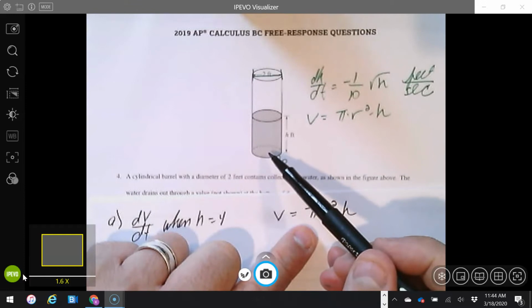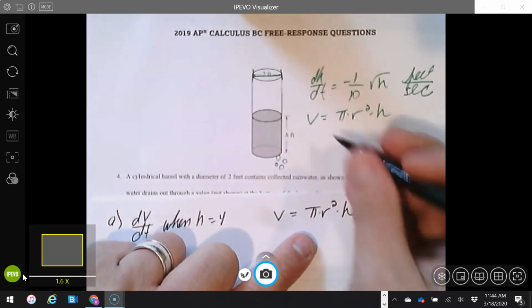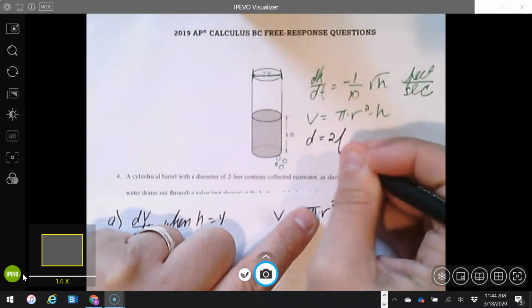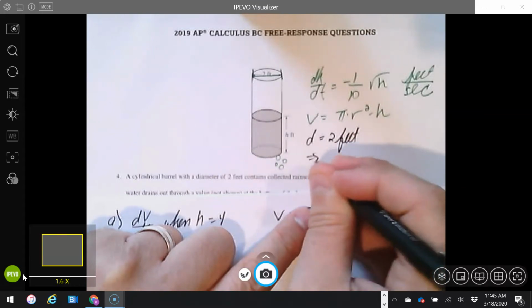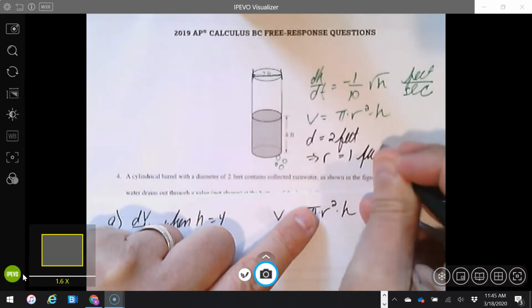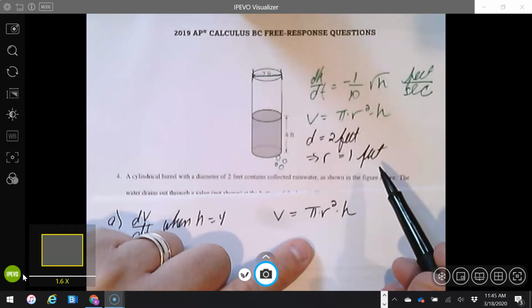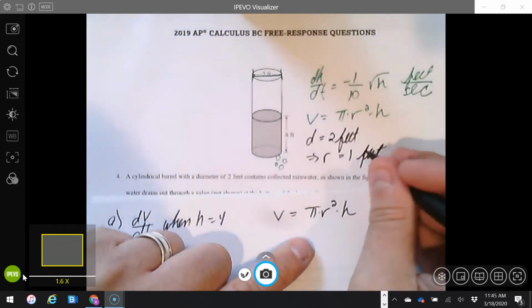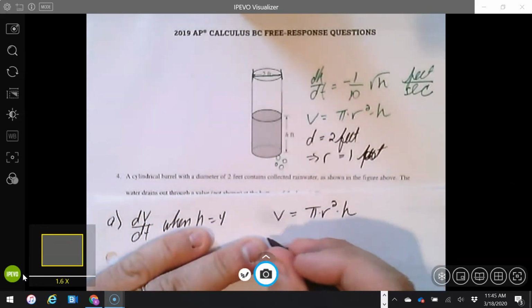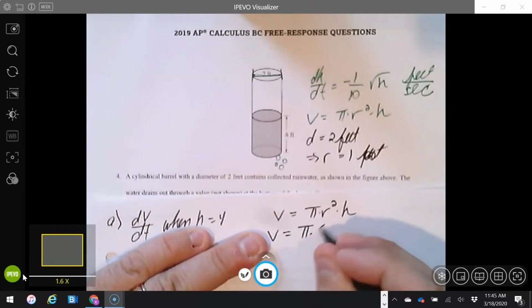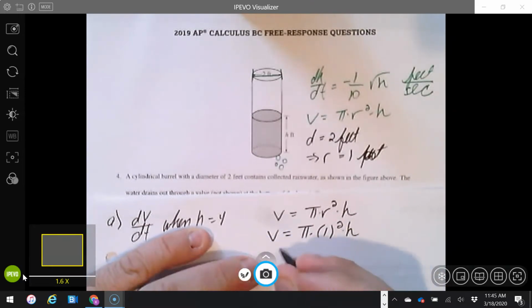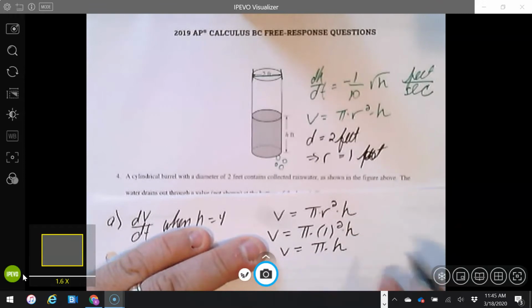Well, what do I know about this cylinder? It has a diameter of 2 feet, so that means that the radius has to be 1 foot. Okay, so the volume in this case is pi times 1 squared times h, or volume equals pi times h.